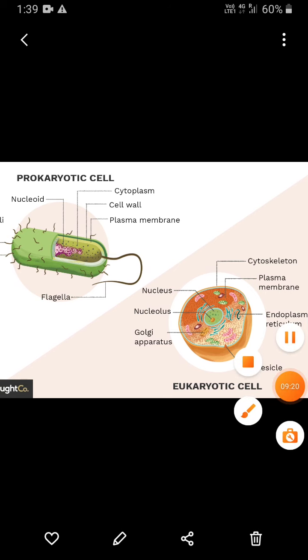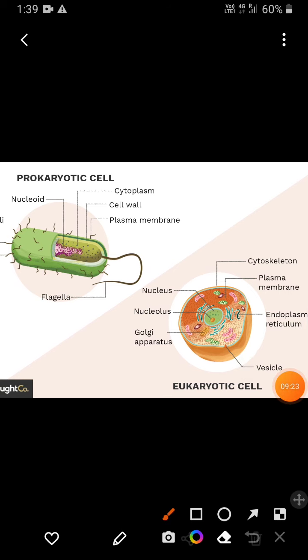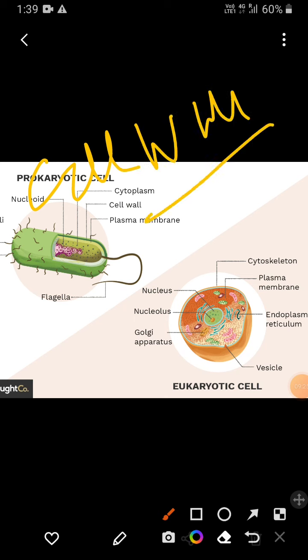The prokaryotic cell contains a cell wall, but the composition of the prokaryotic cell wall is different from the eukaryotic cell wall, mainly the plant cell wall. In the prokaryotic cell, the DNA is present in the nucleoid, which is not a separate structure, but an area located in the cytoplasm of the prokaryotic cell.